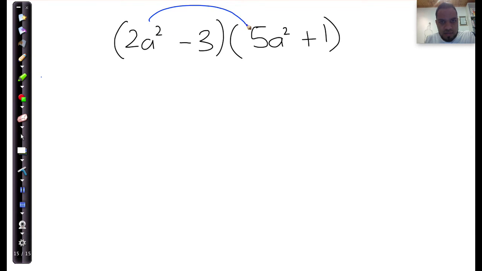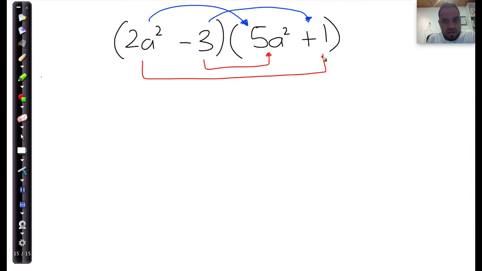So that multiplied by that, right? These two are multiplied by each other. Then these two are multiplied by each other. Okay, and then these ones over here with each other, and these ones over there with each other. Okay, so let's see what that's going to look like.